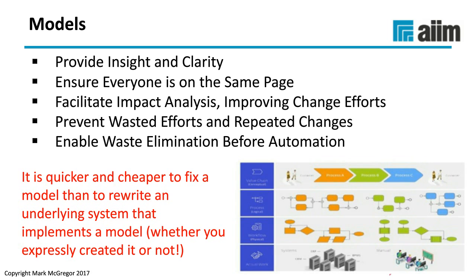So many of the automation vendors don't tend to want us to do too much of the analysis and design. A, it could slow down their sales, and B, we may not need as much of their products as they thought we did. And my last comment on this slide was that, hey, it's quicker and cheaper to fix a model than rewrite an underlying system that implements a model. And that's the thing about it, whether you expressly created it or not.